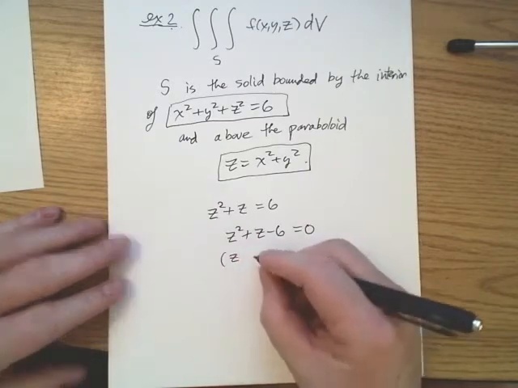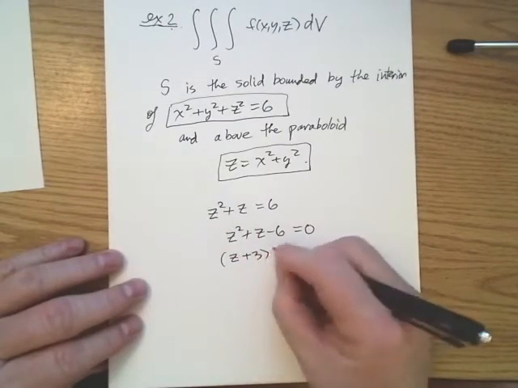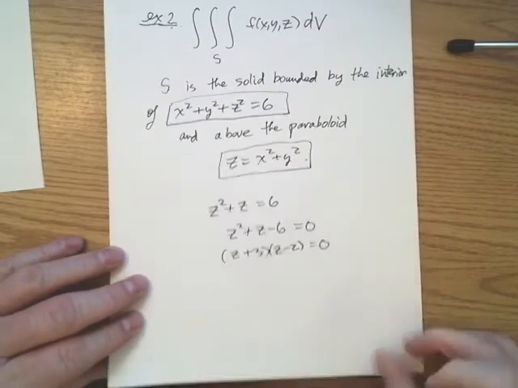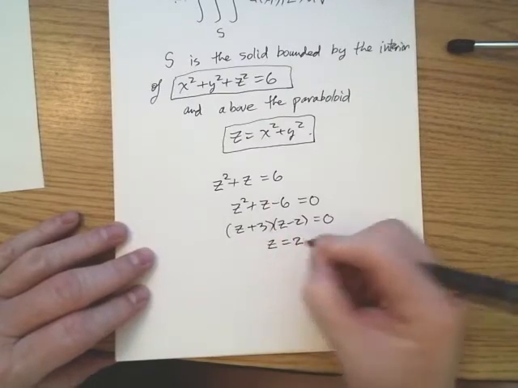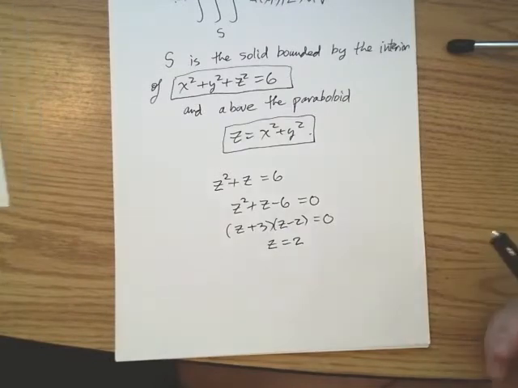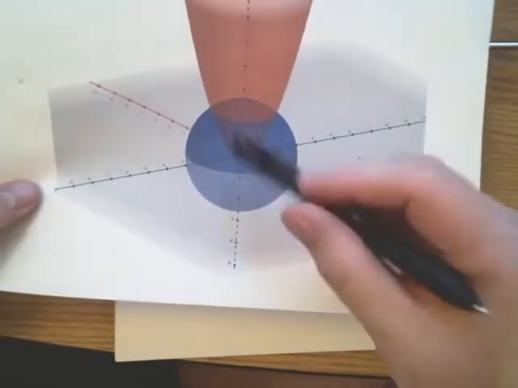That would be z plus 3 times z minus 2 is equal to 0. And you can see there's only going to be one solution that's of interest to us. It's actually z equals 2, because the second solution, z equals negative 3, is extraneous.